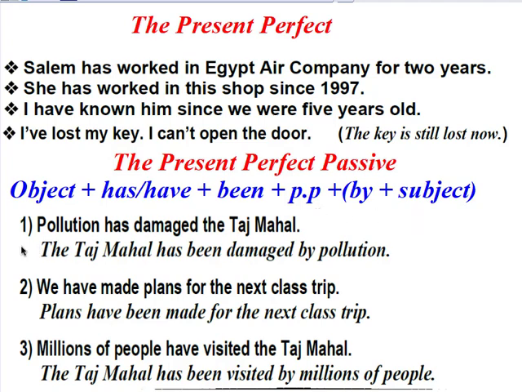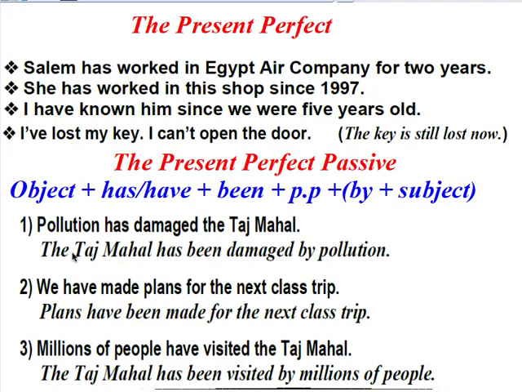Number one, pollution has damaged the Taj Mahal. So pollution is the subject, has damaged is the form of the verb, and the Taj Mahal is the object. Okay, let's use the form of the present perfect passive here.